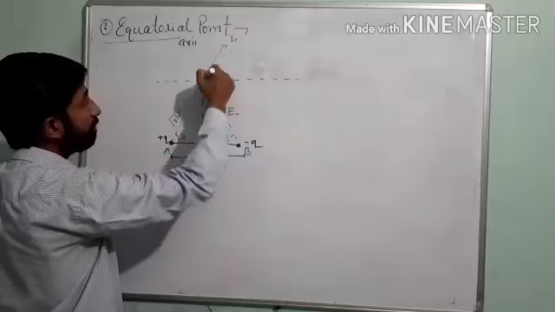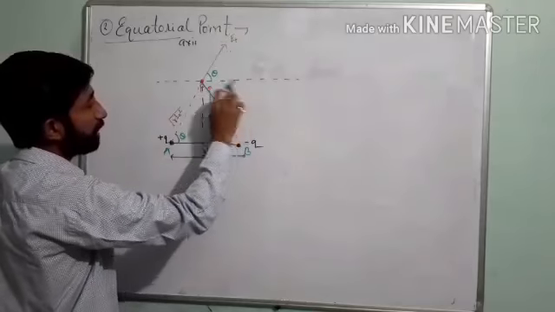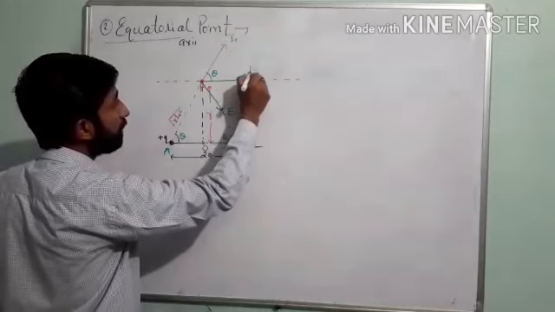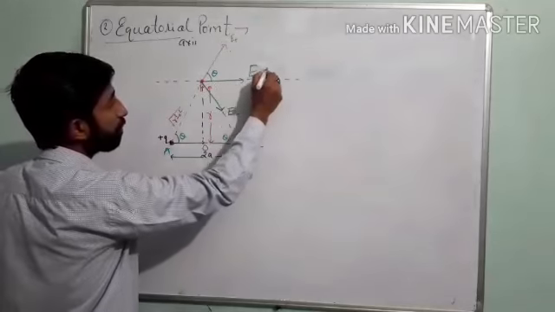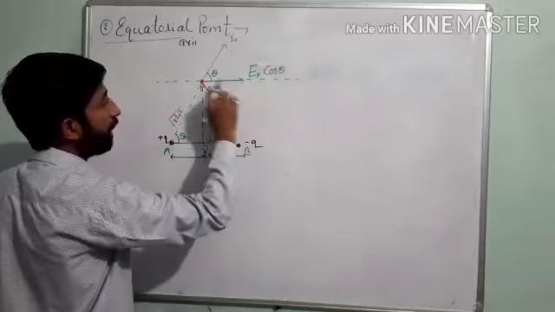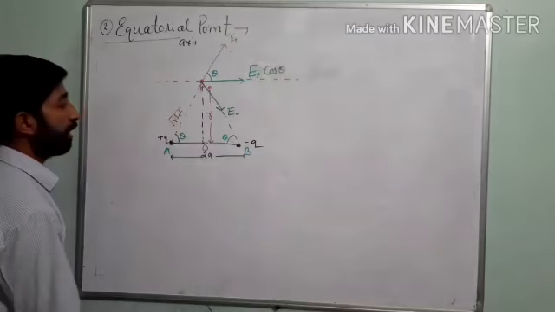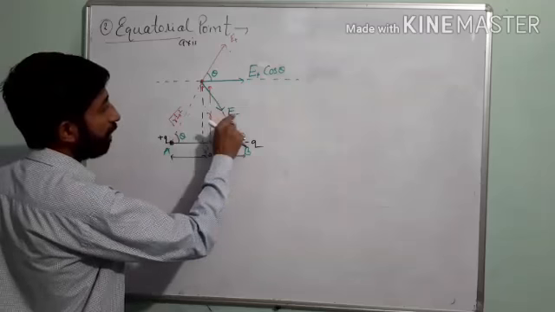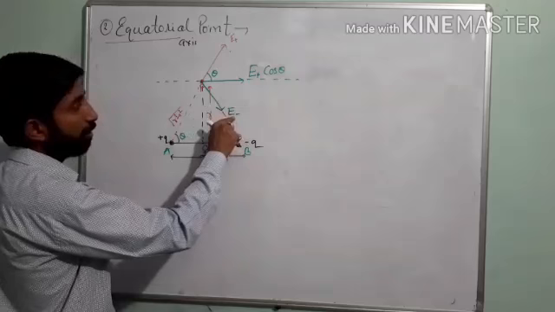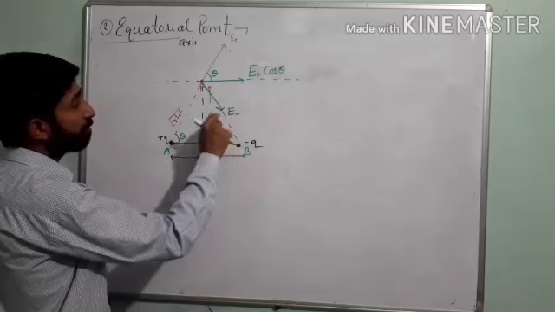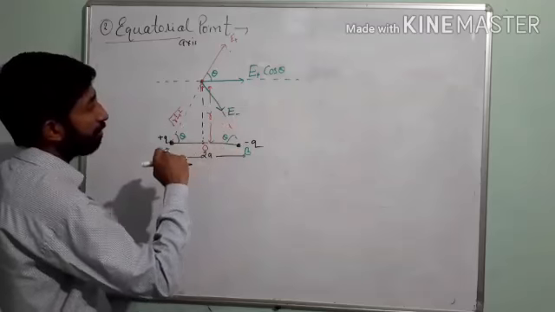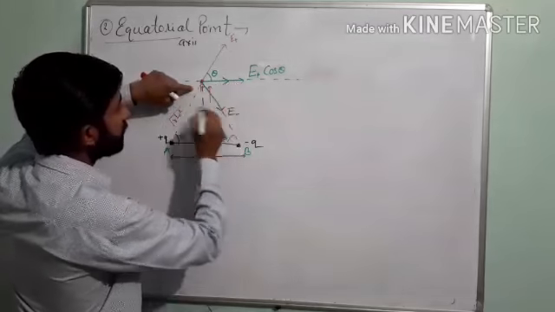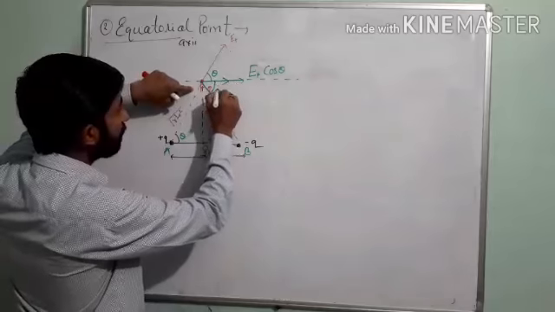So this electric field will have its axial component this way, that is E plus cos theta, along the axis of the dipole. This part will have its horizontal component along the x-axis again, because this angle will again be theta.